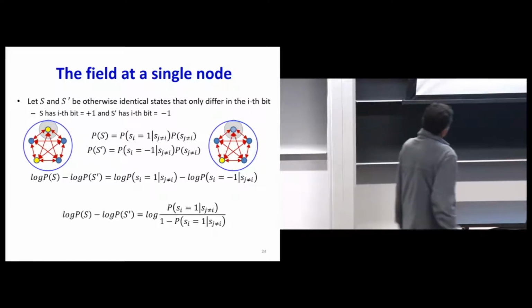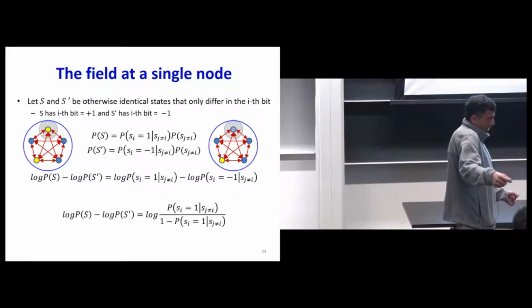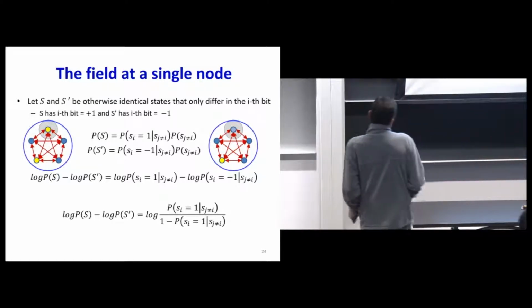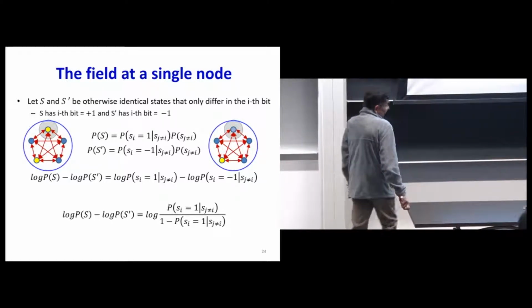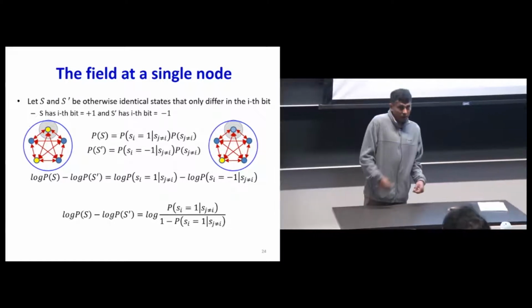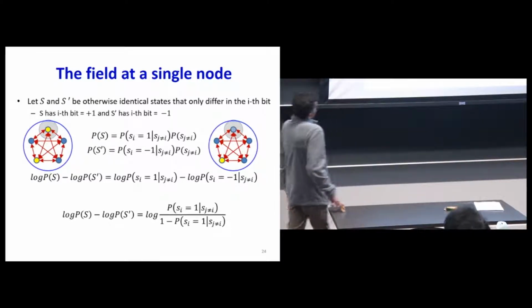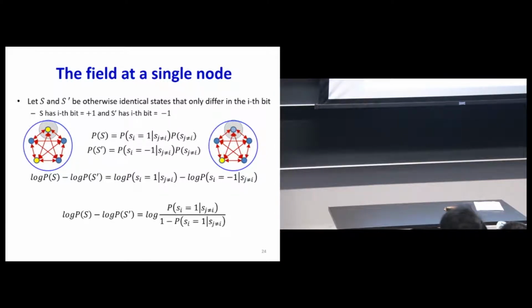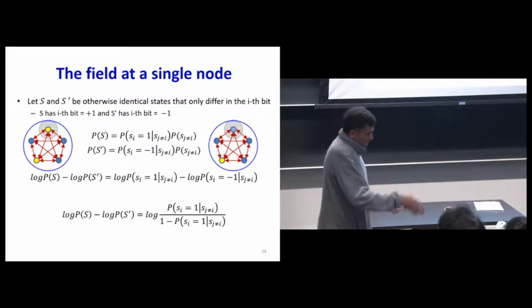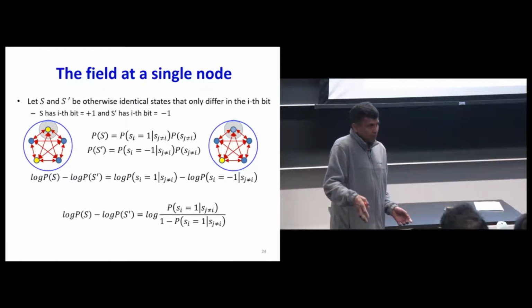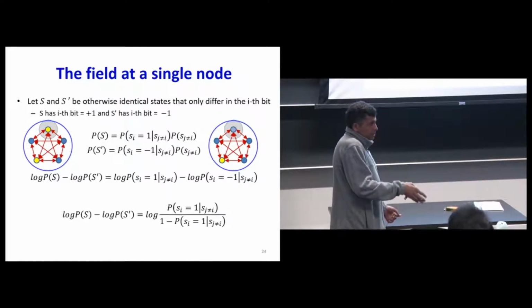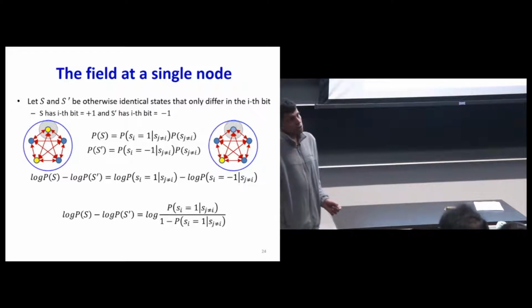So let's say I have a pattern and I'm considering only the ith bit. Now the ith bit can either be +1 or -1, right? So the probability of the entire sequence is the probability of all the bits except the ith bit times the probability of the ith bit conditioned on everything else, right?